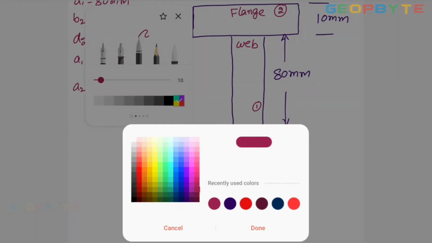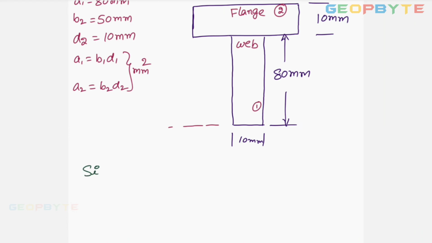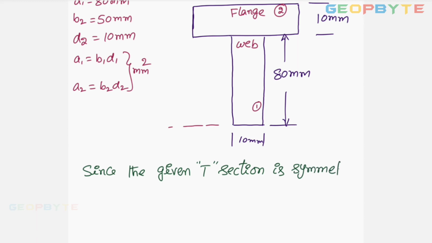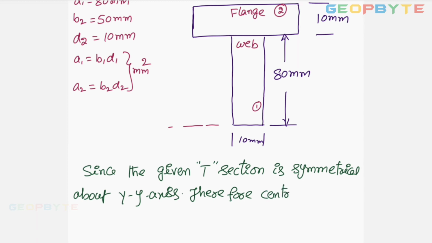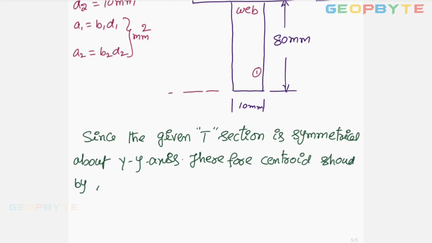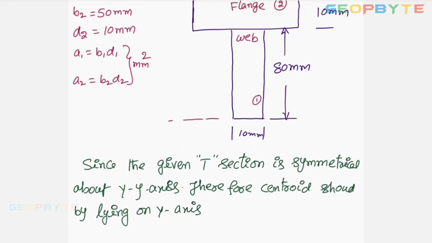Since the given T section is symmetrical about y-axis, therefore centroid should be lying on y-axis. Then you need to find the y bar.